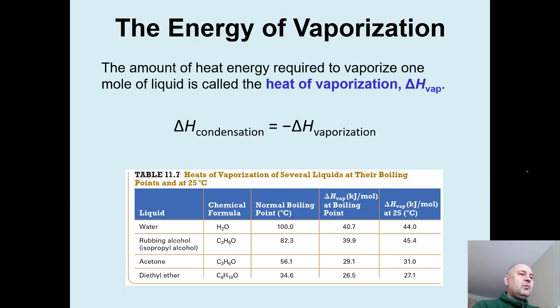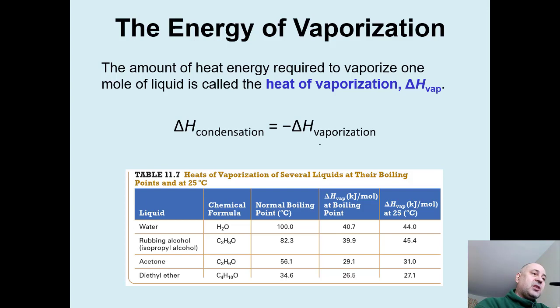So I mentioned that at a given temperature, condensation and vaporization reach an equilibrium. All right, and so we can express that in that the value of the change in enthalpy of condensation is equal to the value of the energy required to vaporize. Just as a reminder, if you put energy in, so you're vaporizing, that's an endothermic process.